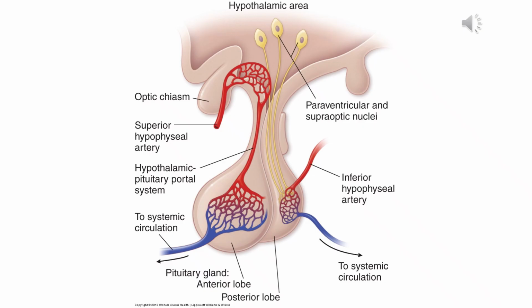When the CRH binds to the corticotropes, they release into the blood their hormone, which is called adrenocorticotropic hormone, ACTH. The receptor sites for ACTH, as we will see later, are at the adrenal cortex.